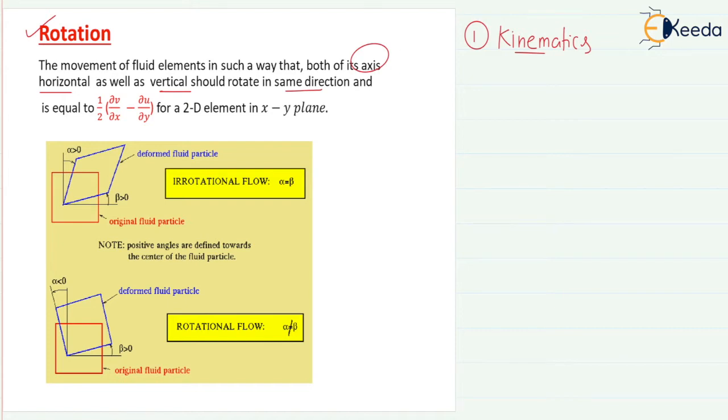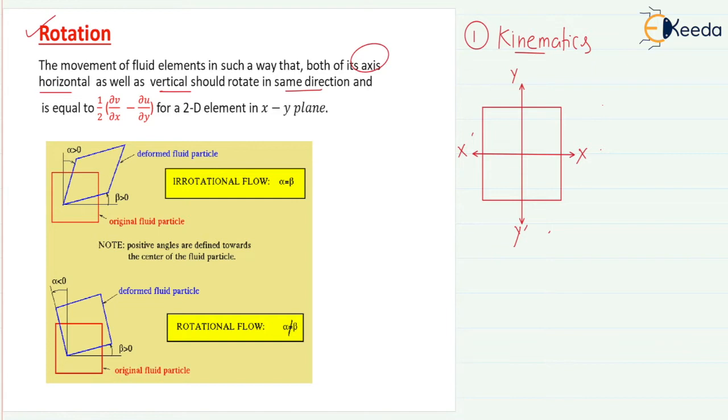I'm just trying to explain with the help of a diagram. This is the fluid particle I have drawn, with the y-axis and the x-axis, and the new axes y dash and x dash.